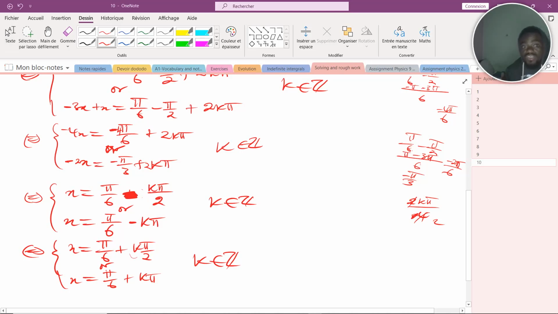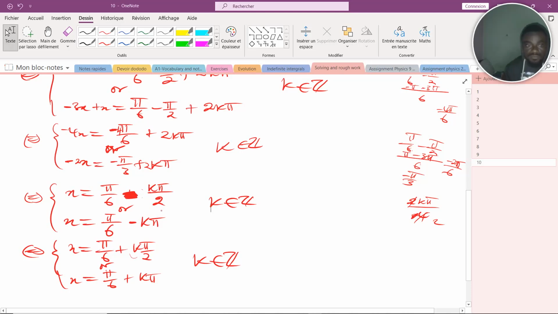So there is no need of leaving this minus in front of this k. You simply put a plus. Is that okay? The same thing here. For here, if there was a minus here, we'll leave the minus.